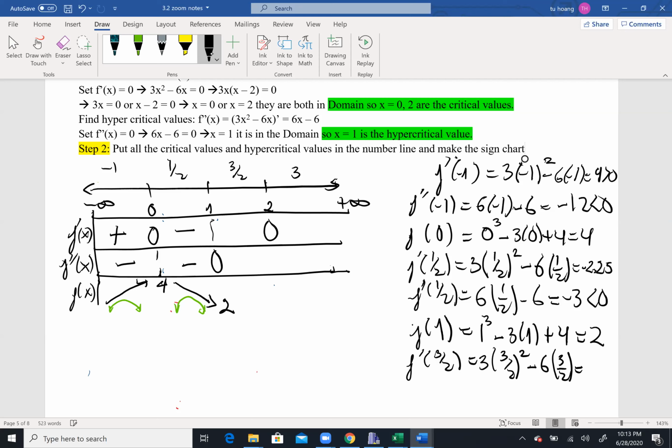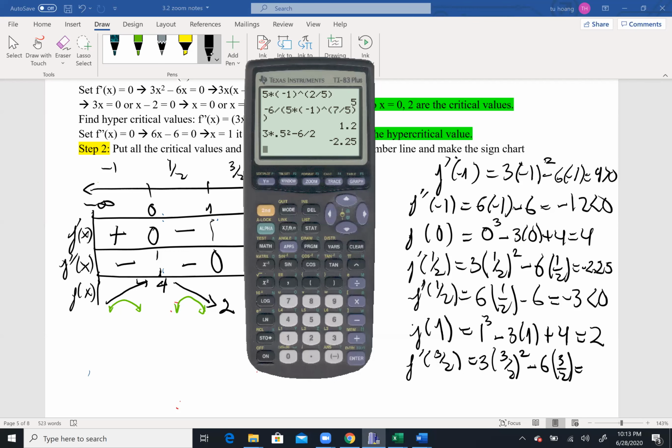I'm going to use my calculator again. 3/2 is 1.5, so 1.5 squared, and then minus 6 times 1.5.